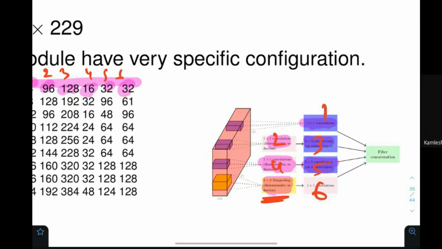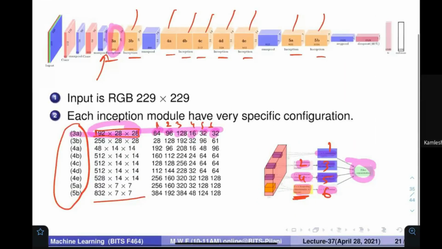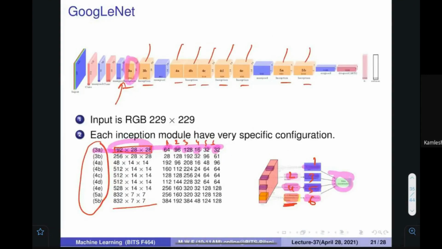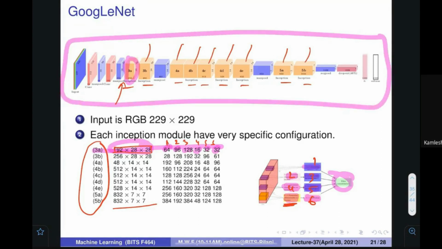On that, 32 1 cross 1 convolutions are applied, then these features are concatenated. You may be asking, sir, how did these values come? It is very difficult to tell how they come up, what the right value should be over here. Maybe they tried different values, and whatever works best, they applied over here.